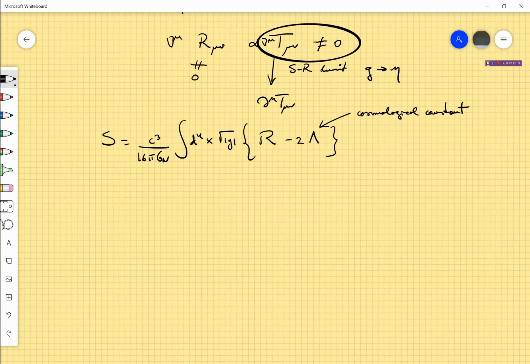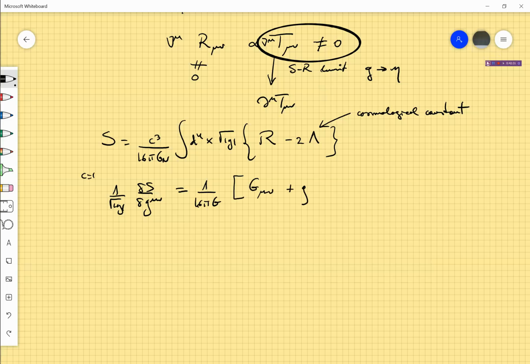Let's find the equations of motion. It is almost trivial to find that now you get an extra term. Okay. Now I include, with c equal 1, 1/16 pi G, and you have G_mu nu plus G_mu nu lambda.